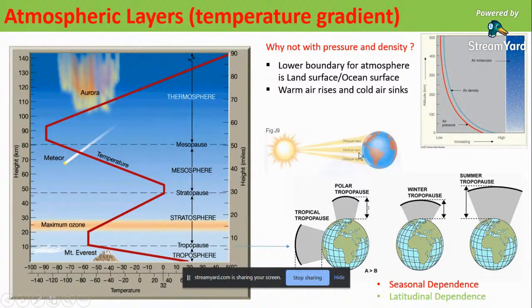Since more energy is available at the equator, we will have tropopause height of about 12 to 16 kilometers near the equator, whereas at poles it is only 6 to 8 kilometers.